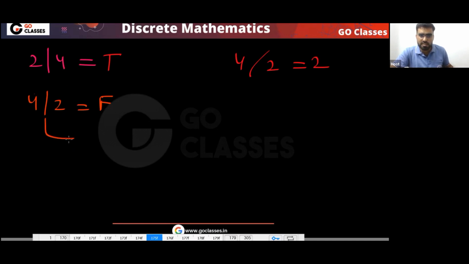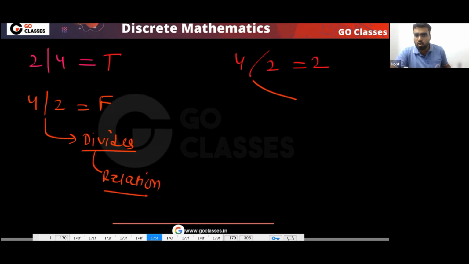This is divides, and this is a relation, so the answer will be either true or false. And this is an operation. I can say this is a number theory operation.